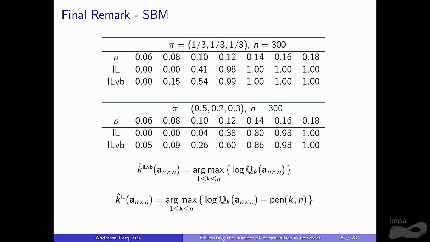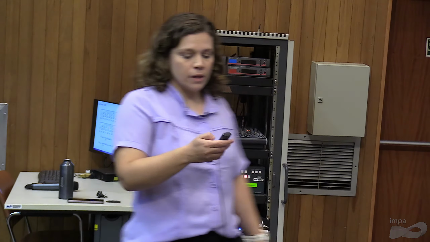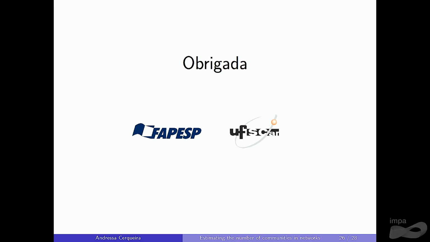So probably the same thing happens here because it's kind of similar. We have a hidden thing that's just the communities, and we would like to estimate how many communities there are, just like estimating the number of hidden states. Actually, to prove all this, we borrowed a lot of ideas from how they prove these results for hidden Markov models. Okay. So that's all. Thanks for your attention.